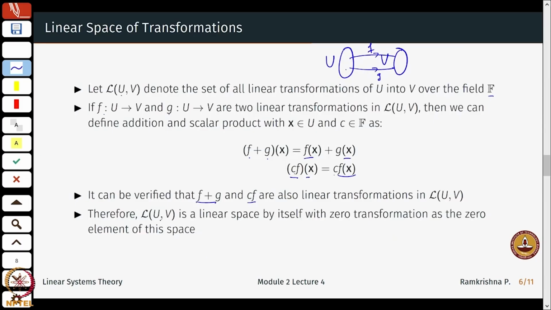And therefore, the space L(u, v), which is the set of all linear transformations of u into v, is by itself a linear space with the 0 transformation as the 0 element. That is a concluding, trivial statement to show that L(u, v) is actually a linear space of transformations.